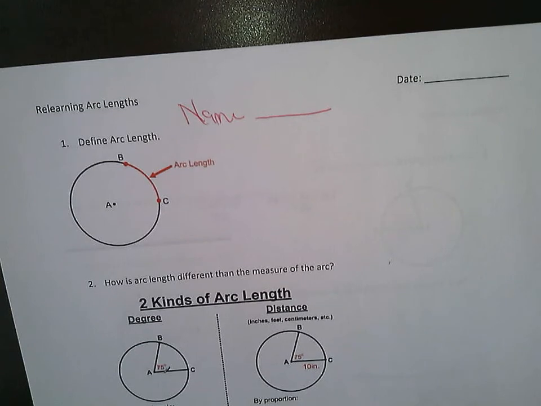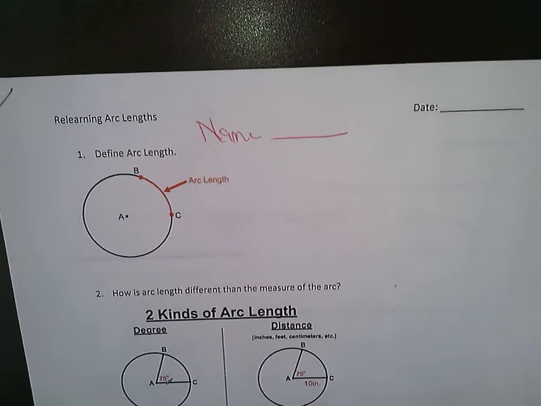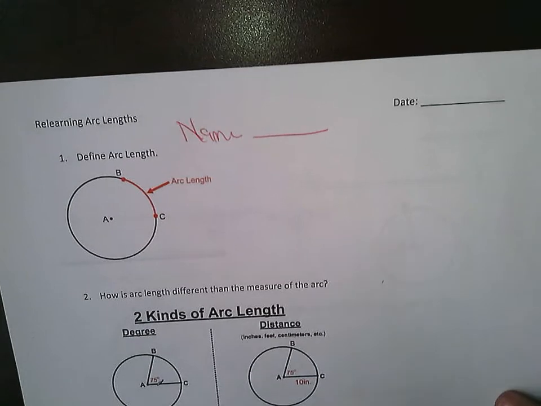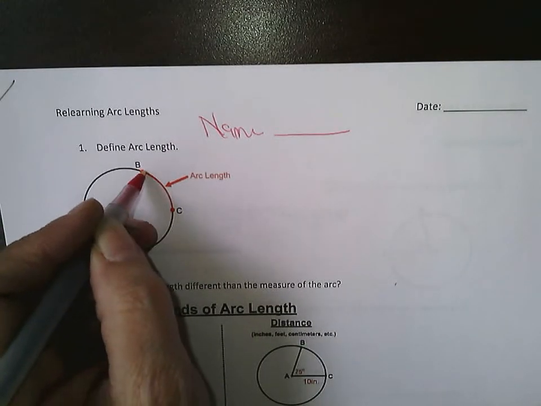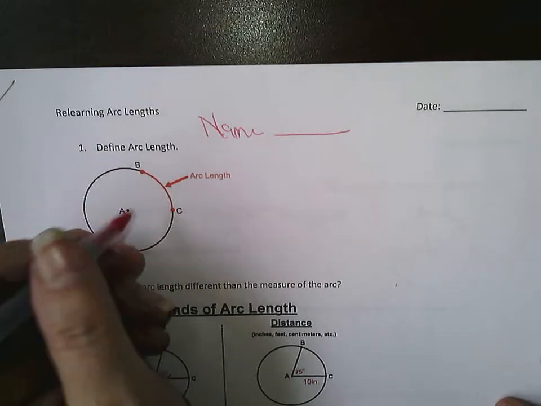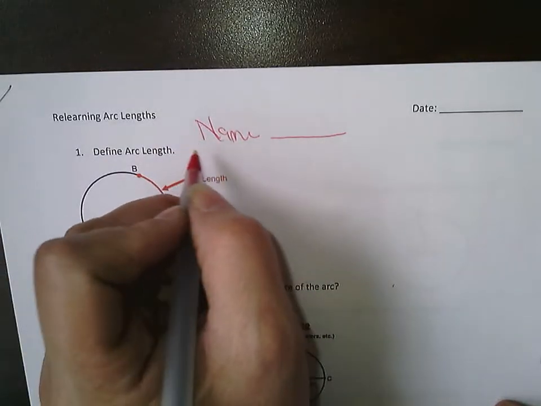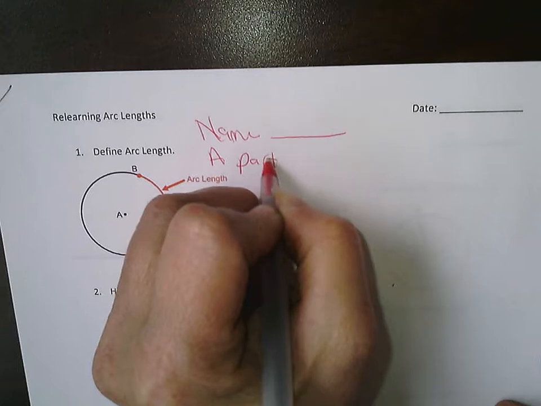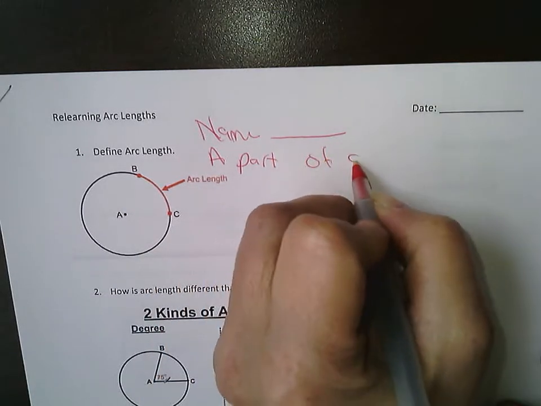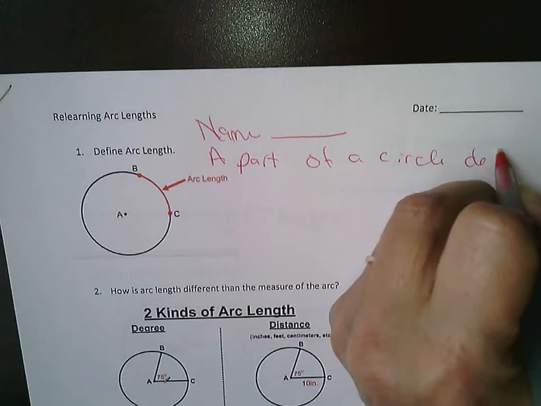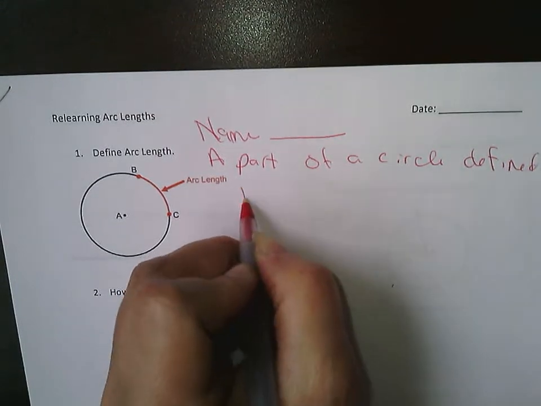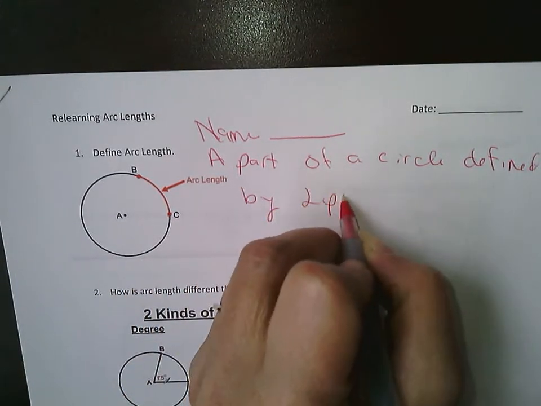Okay, an arc length. So we have to have a definition so we know what we're talking about. So we're talking about this section between the 2 points. It's really a line, but it's curved. So we're going to call it part of a circle defined by 2 points.